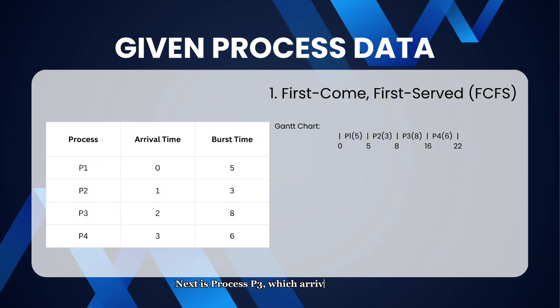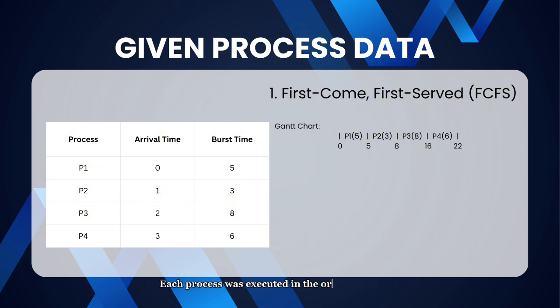Next is process P3, which arrives at time 2. Since it's next in line, it starts at time 8 and runs for 8 units, completing at time 16. And last, process P4, which arrives at time 3, starts at time 16 and runs for 6 units of time, finishing at time 22.